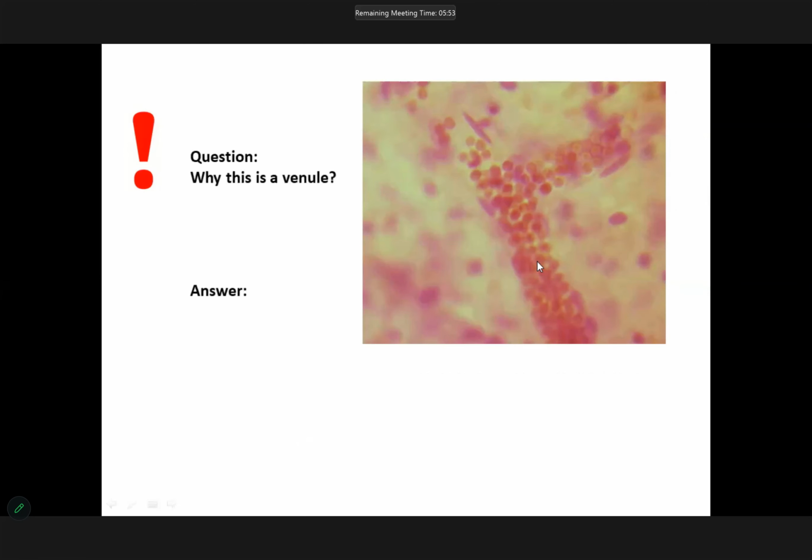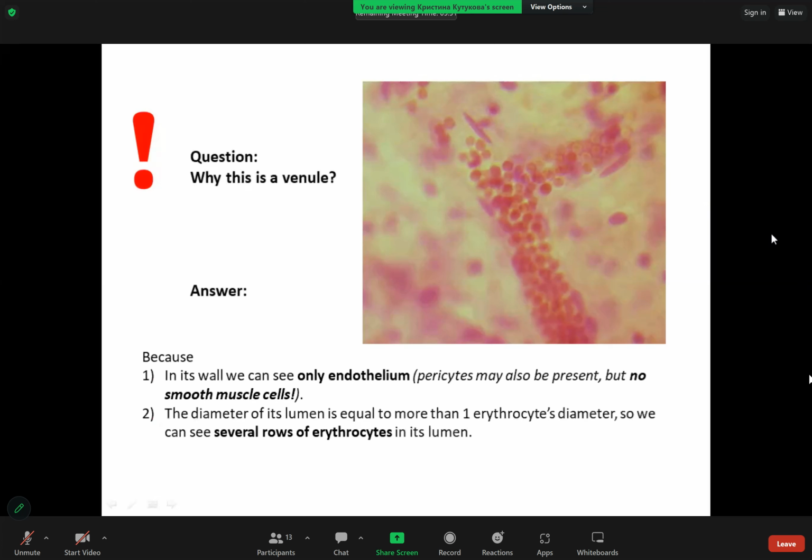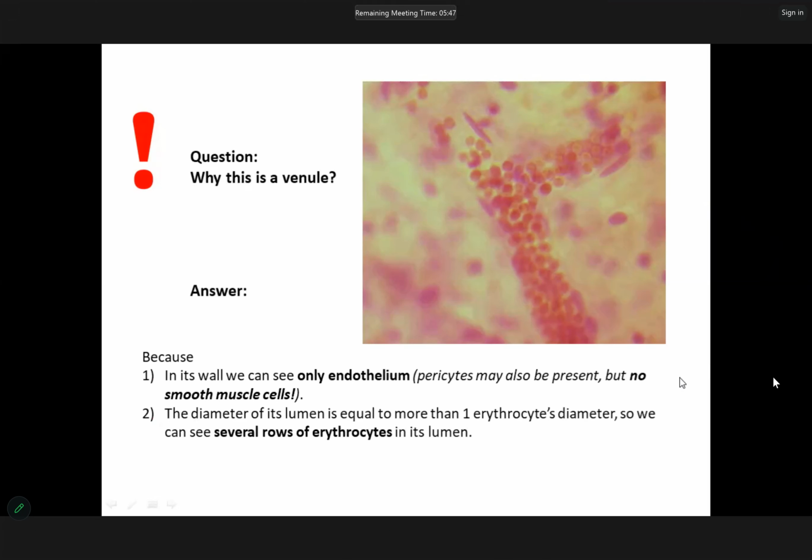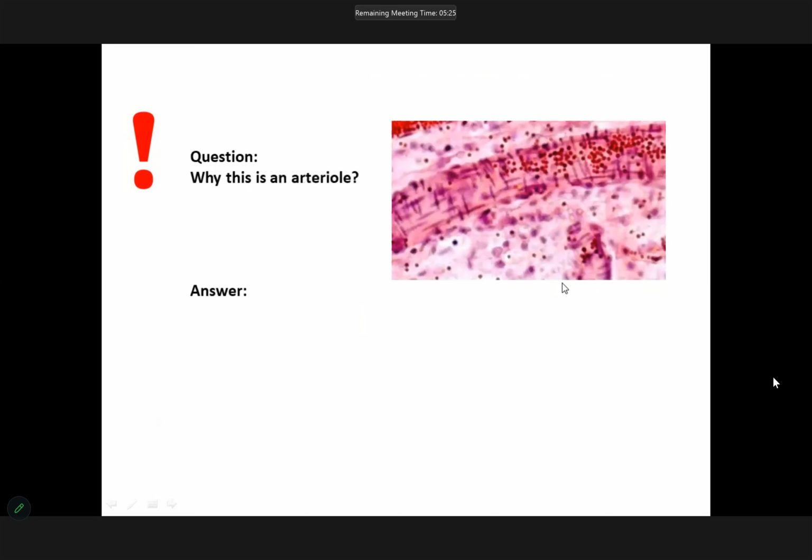The same goes for this one. This is the venule. It's branching here. It's a venule because in its wall we can see only endothelial cells, no smooth muscle cells, only endothelium, but pericytes may also be present. And the diameter of its lumen is more than one erythrocyte, so we can see several rows of erythrocytes in its lumen.